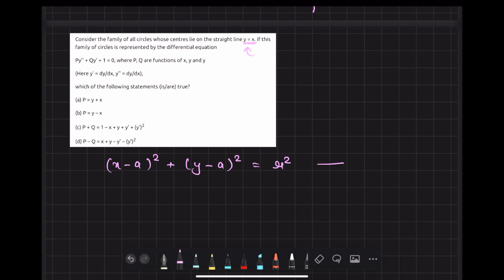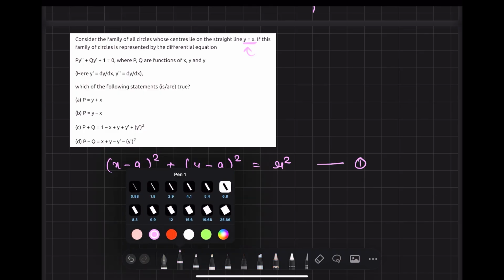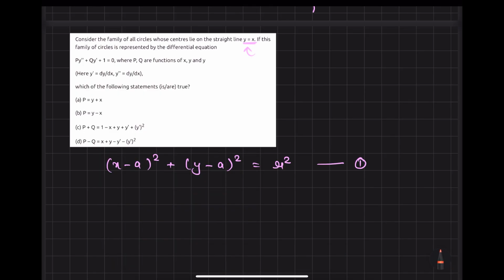So this is our first equation. Now let's do the differentiation once. So we got 2 times (x minus a) plus 2 times (y minus a) dy by dx, and that is equal to 0.